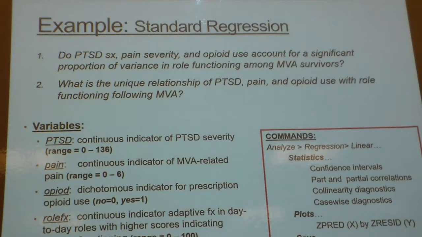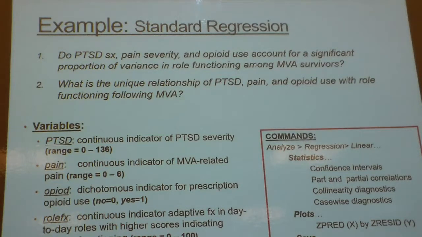If we go through, okay, if you look at your correlation table on that outcome, did we see that opiate use has a relation with the natural log of our role functioning variable? What do you think, Katie?